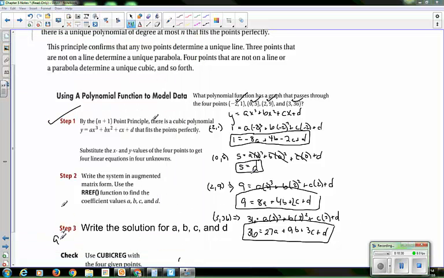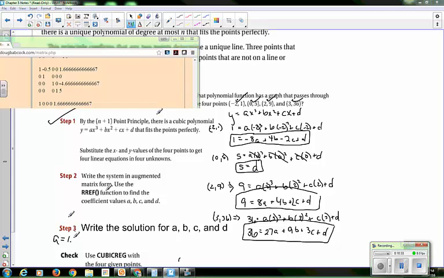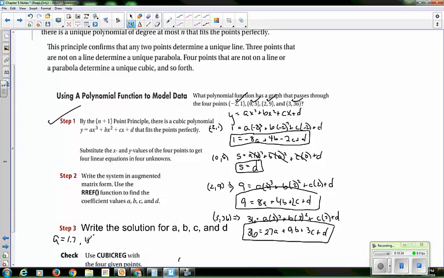So once again, A is 1.7, B is 0, C is negative 4.7, and D is 5. Use cubic regression.